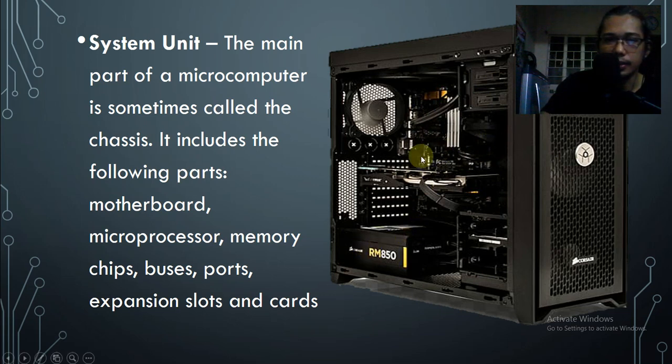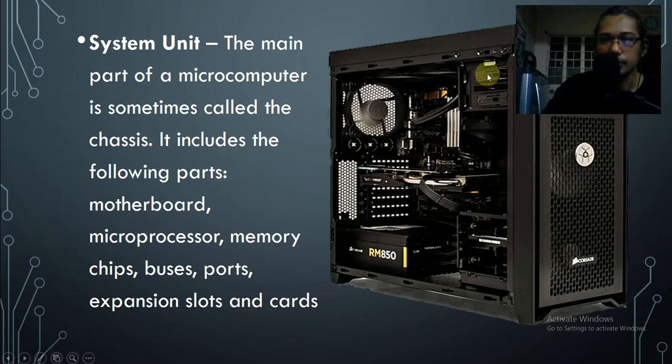The motherboard, which is found here. Ayan, ito yung nandito. Motherboard, the microprocessor, memory, which is under here, with kung saan makikita yung CD drive. Chips, buses, ports, expansion slot, and card.